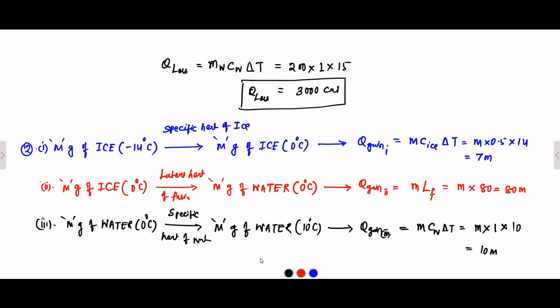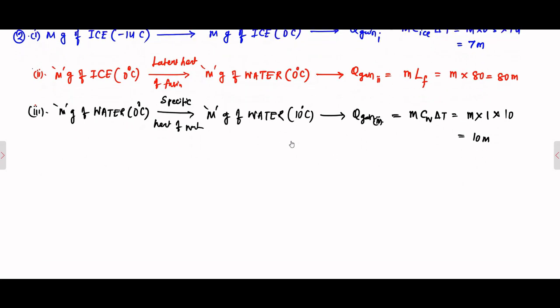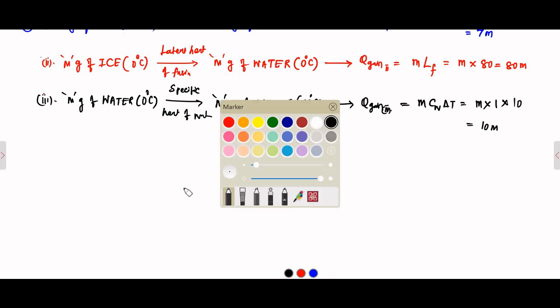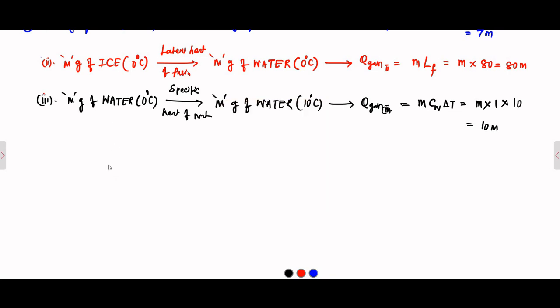So the total heat gain is equal to gain in the first subphase, gain in the second subphase, and gain in the third step.